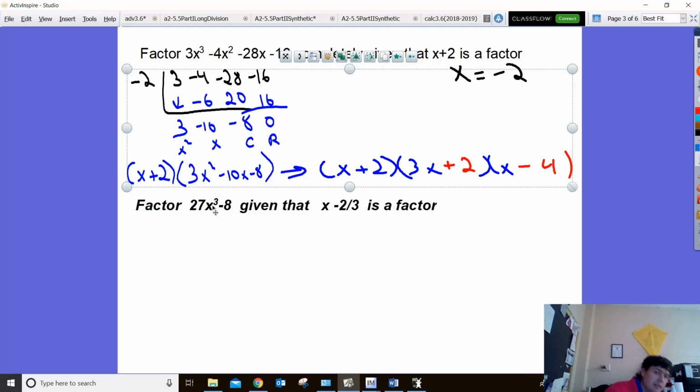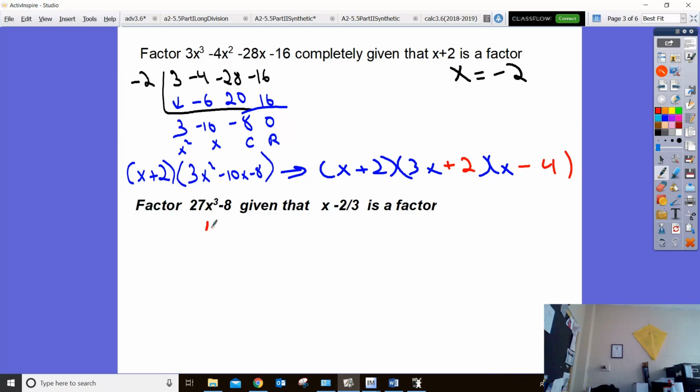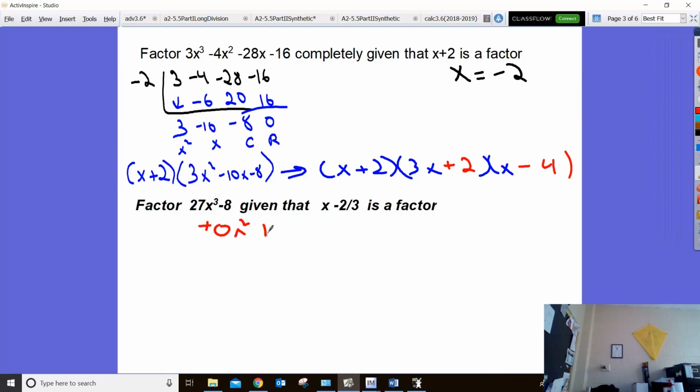X. It is missing those pieces. They're understood to be there. If it was normal standard form, we typically would see plus something x squared plus something x. It's just understood to be there, and you need those placeholders. So we're going to put them in as zeros here.